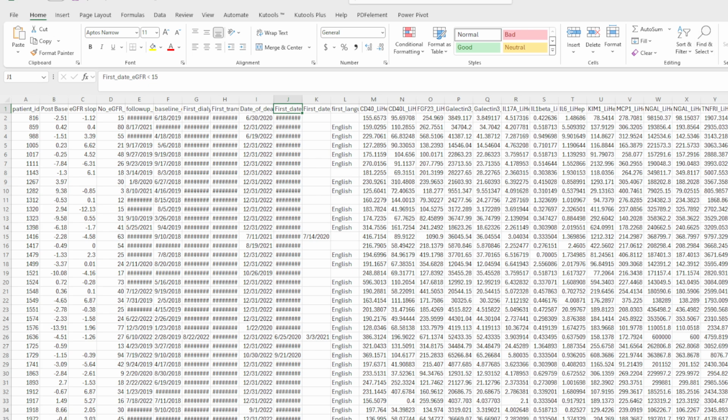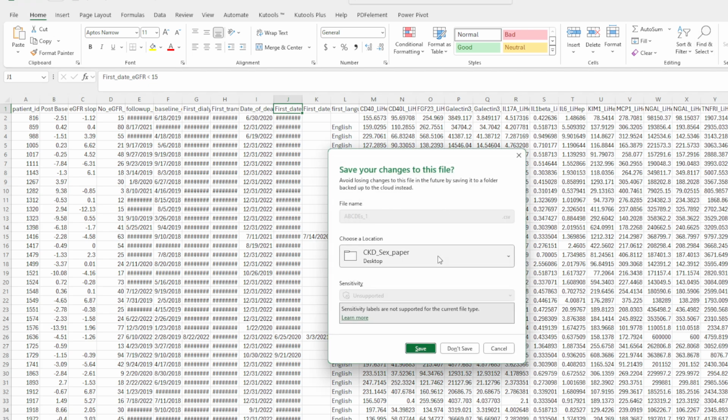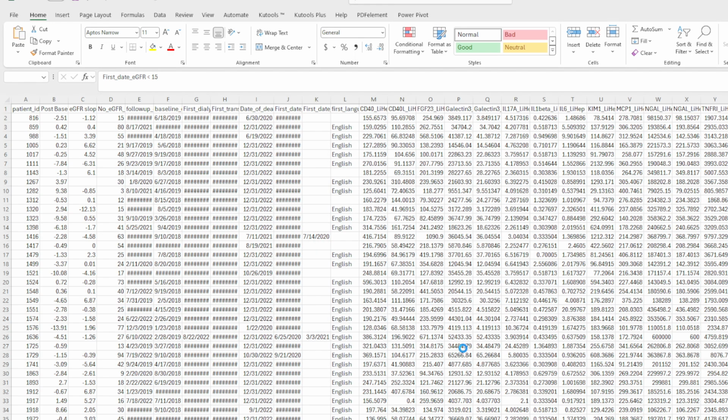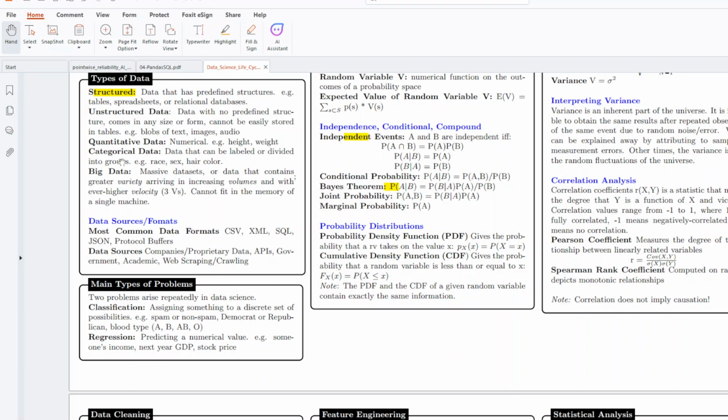So that's an example of what we call structured data. Even though it may look weird, it's already in organized form. Then, when we talk about unstructured data, those data are not organized. They can be in form of images, like X-ray images.